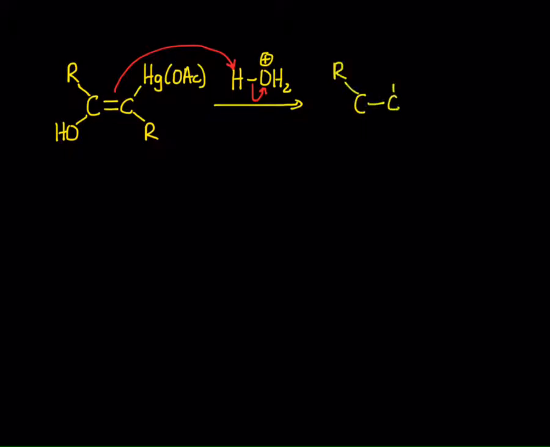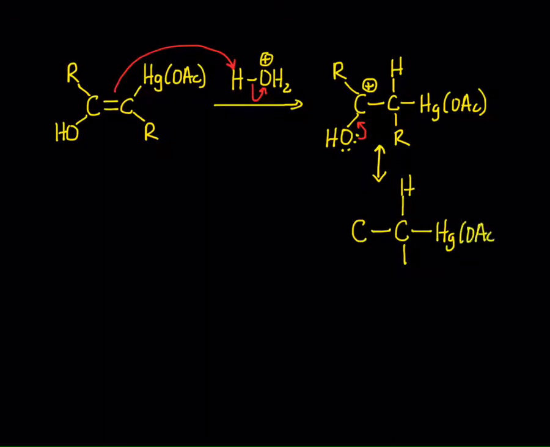And the result is that I get a carbocation. So now I have my carbocation. Notice the carbocation is connected to an OH group. Why is that important? Because I can draw a resonance structure which stabilizes that carbocation and places a positive charge on the oxygen itself. So I'm delocalizing that charge.